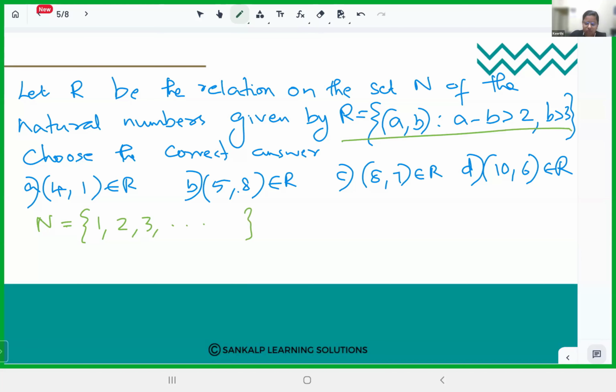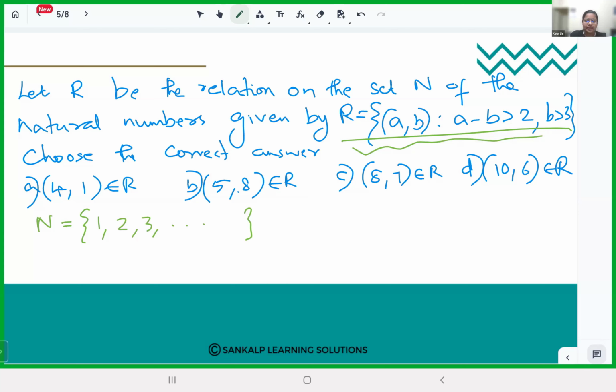R is the set of all ordered pairs (a, b) such that a minus b should be greater than 2 and b should be greater than 3. We have to find, from the given options, the ordered pair that belongs to that relation.